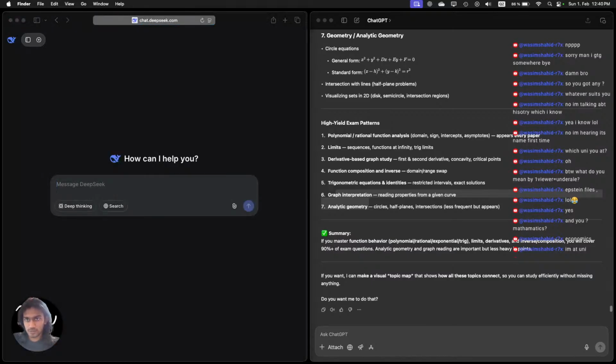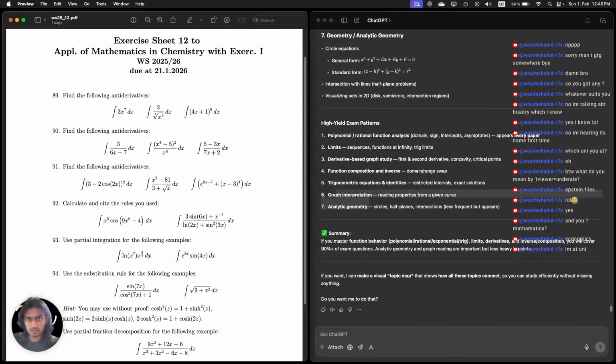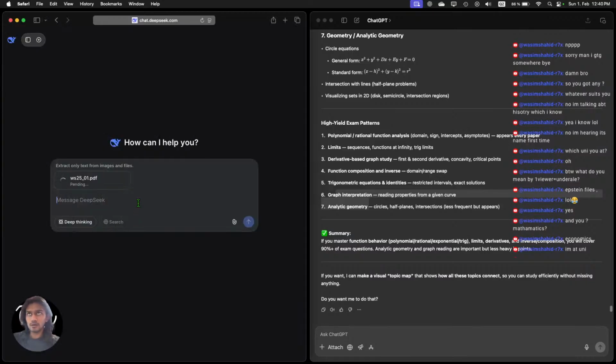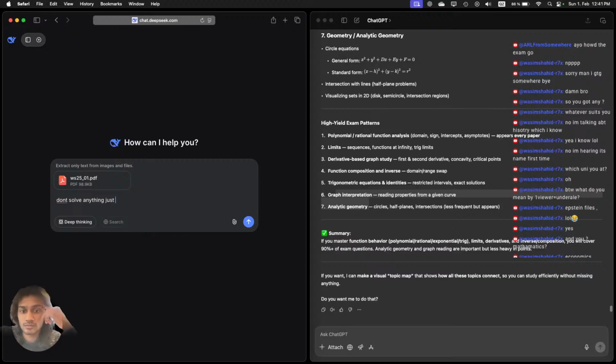DeepSeek. So now what I'm gonna do is that's just the exercise, this with solution. Okay, okay. So don't solve anything. Just what ARL from somewhere.